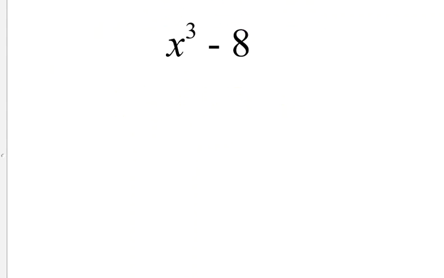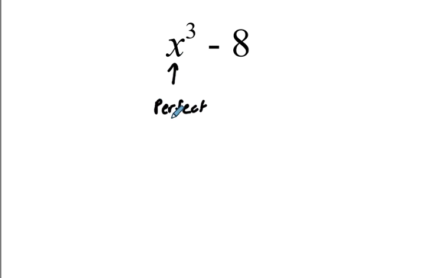So taking a look at this one, you almost want to do it the same way, but it's a little different because it's a difference of cubes, right? This is a perfect cube, and so is 8. 8 is like 2 cubed.